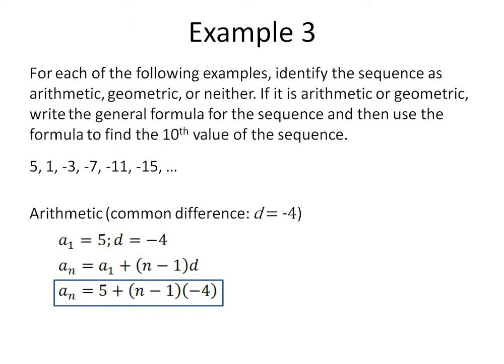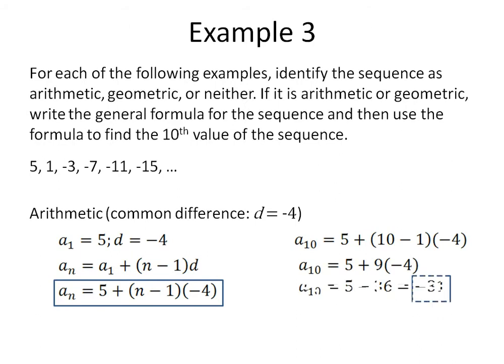Okay, so that's one of the answers. Now we need to find the answer for the 10th position. So we substitute 10 in for n: a sub 10 is equal to 5 plus 10 minus 1 times -4. So a sub 10 is equal to 5 plus 9 times -4, which is 5 minus 36, which is -31. So there are our two answers that we need for this question.